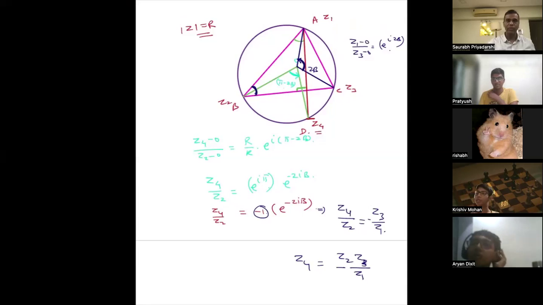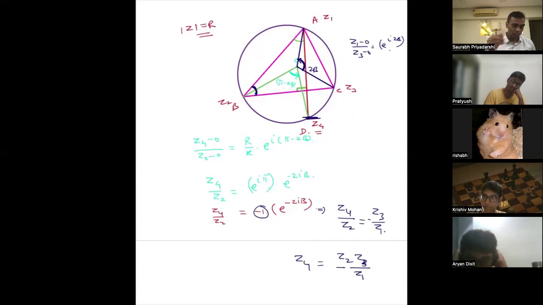And what was the second question? We have to find the reflection of Z4 with respect to the line BC. Z1 plus Z2 plus Z3, what is that? Orthocenter, very good.